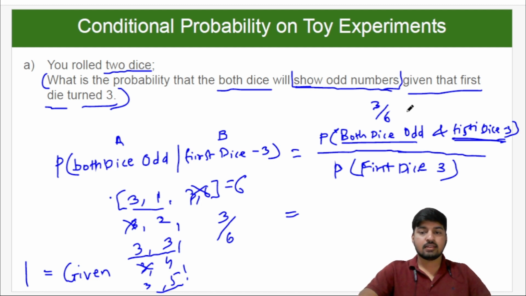Am I right? Yes. So what is the probability that the first dice shows 3? It is 1 by 6, correct?